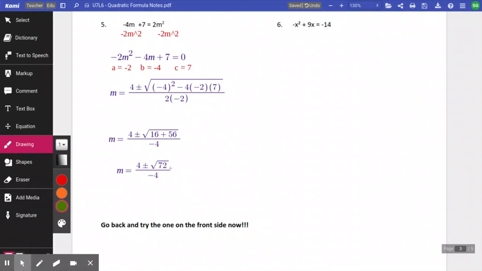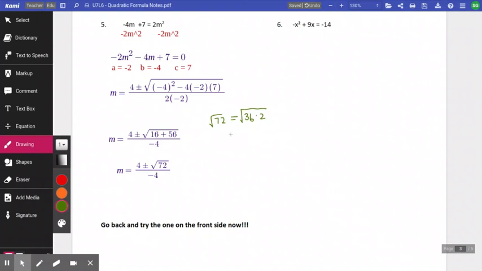I'm going to choose the way where you rewrite your square root using a number you can square root. So I'm going to rewrite 72 as a multiplication problem using the number 36 times 2. And I chose that because 36 is the biggest factor of 72 that does have a square root.